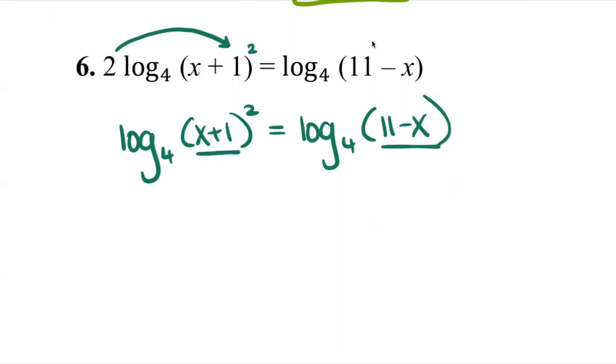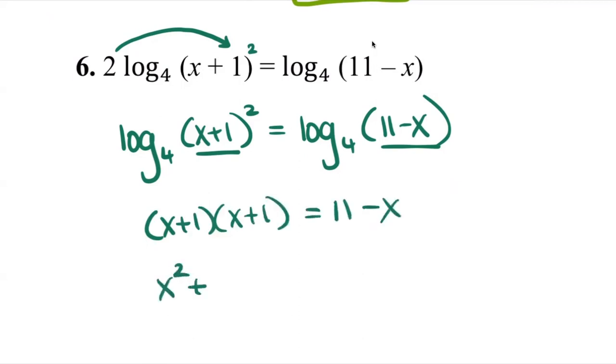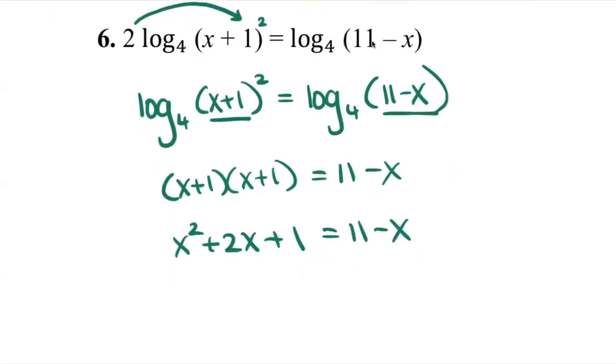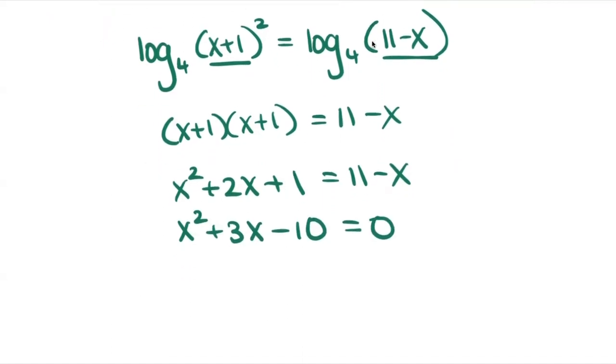I'll go ahead and FOIL out the x plus 1 times the x plus 1. So that's x squared plus 2x plus 1. And since I have a quadratic, I'm going to solve by getting everything to one side and making sure that's equal to 0.